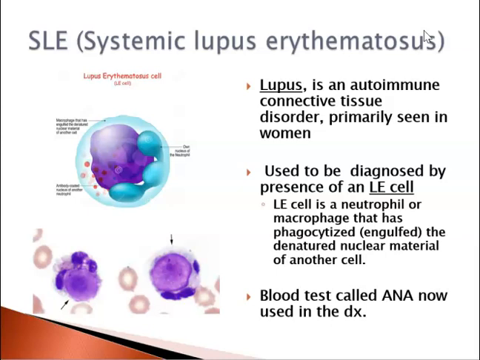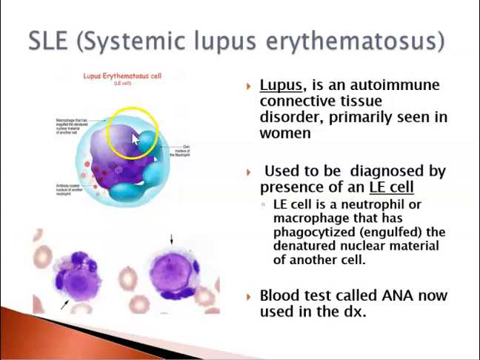One way that we use to detect or diagnose the presence of lupus is the presence of what we call an LE cell. An LE cell is a neutrophil or a macrophage that has phagocytized or engulfed denatured material of another cell.